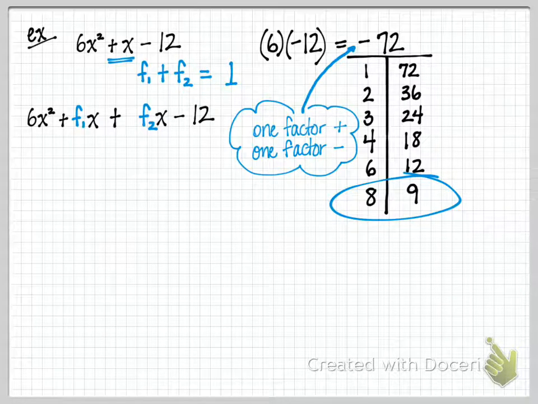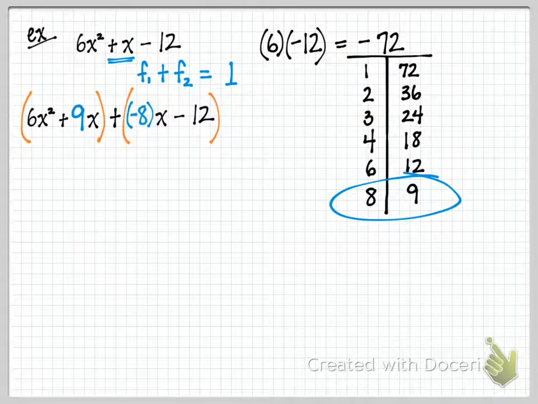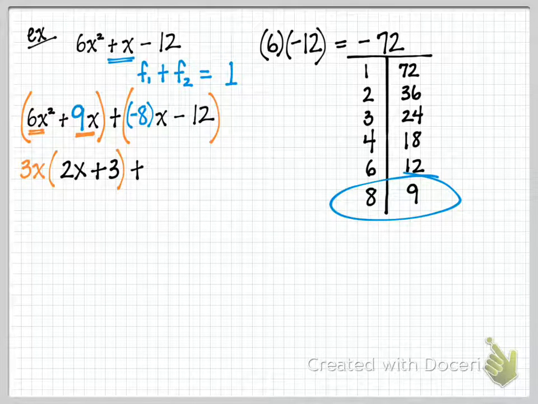So I'm going to split up this x, this middle term, this plus x, as the sum of those two factors. So I put those in, 9 and negative 8. And then I put parentheses for my grouping. And once grouped, I'm going to do some factoring of those groups. And I notice in the first group, both 6x squared and 9x are divisible by 3x, so I factor it out.